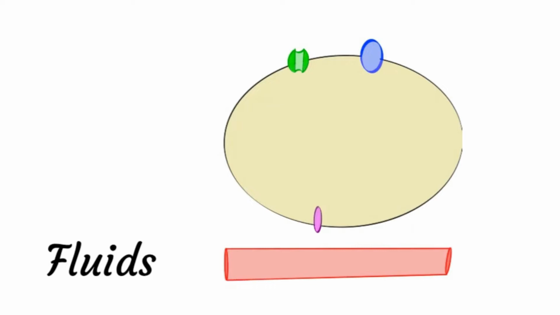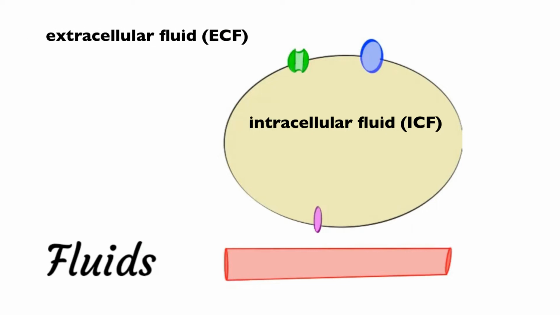Any fluid confined within the cells of our body is known as intracellular fluid. Intra means within. Any fluid outside of cells, and in this image it would be anything in white, including the blood vessel, anything outside of cells is the extracellular fluid.